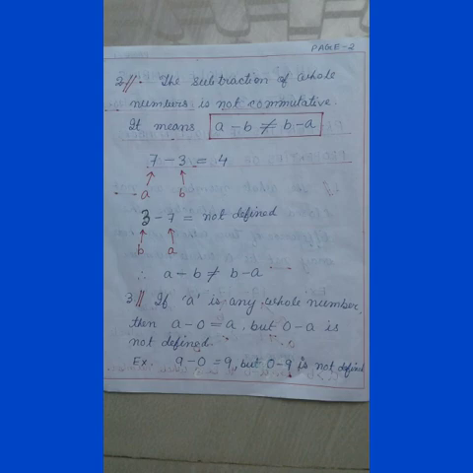Now property number 2. Do you remember the commutative property of addition? That was, if A and B are two whole numbers, then A plus B is equal to B plus A. Now in case of subtraction, let us see if A minus B is equal to B minus A or not.